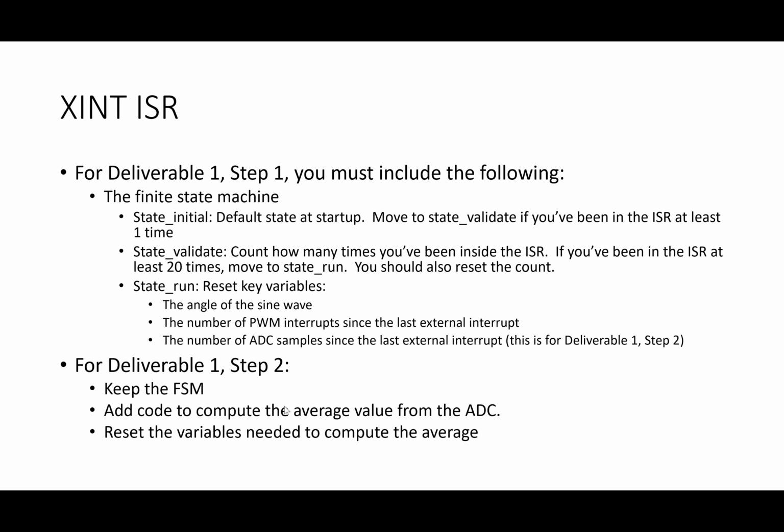I've got similar descriptions of what goes in the PWM ISR and the ADC ISR. There's a lot here meant to guide you through how to utilize the data sheets to select the bits you need to configure things, and it walks you through the code that you need to write.